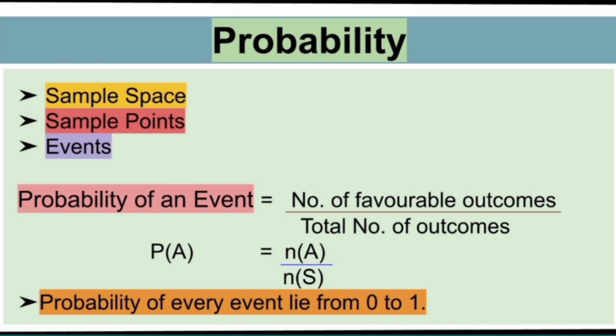So I have written in the next line, P of A equals N of A upon N of S. Clear here? Our answer always comes as a fraction and you can convert it into a decimal and check it. It always lies from 0 to 1. It will not exceed 1. So you can see in the last line, it lies from 0 to 1.